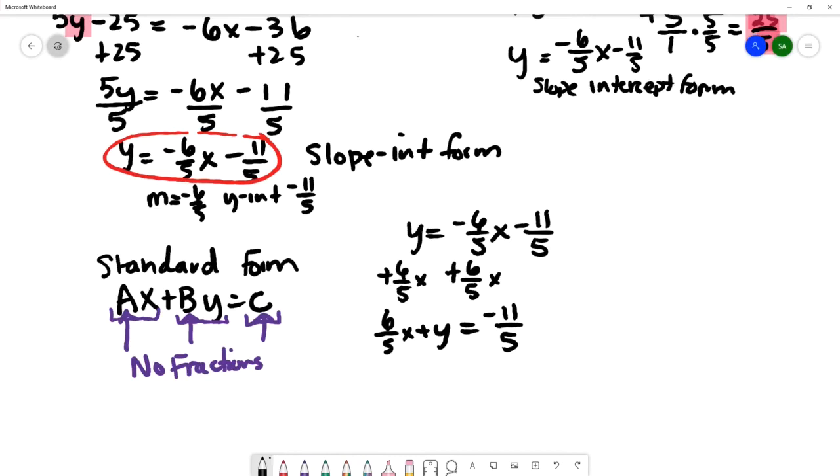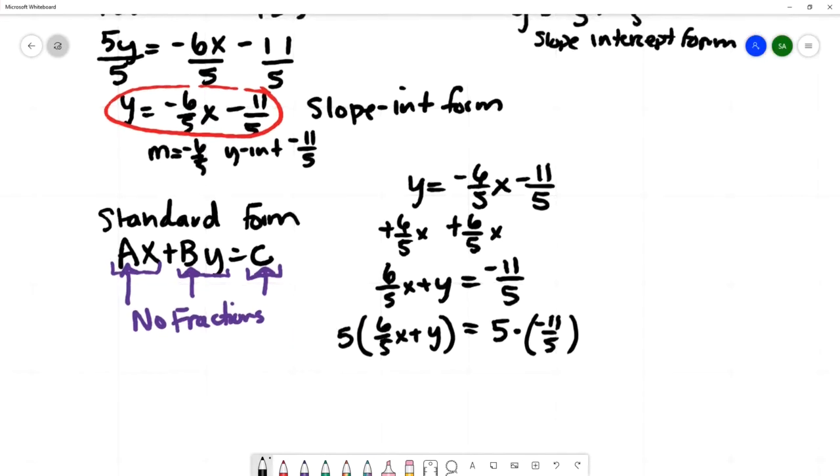You're going to clear the fractions by multiplying by 5 on the left and multiplying by 5 on the right. When you multiply by 5 on the left, you do need to use the distributive property. When you multiply it times the first term, the 5's cancel out and you're left with 6x.